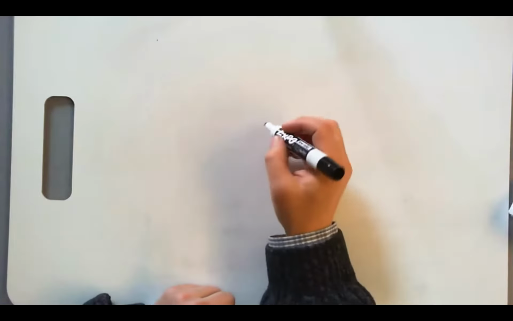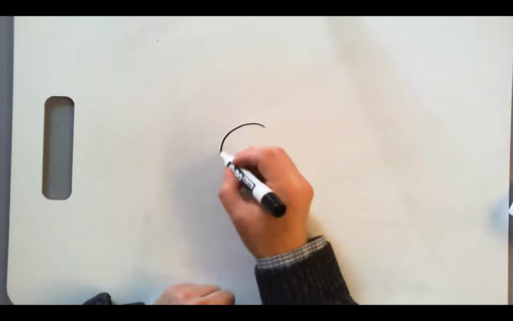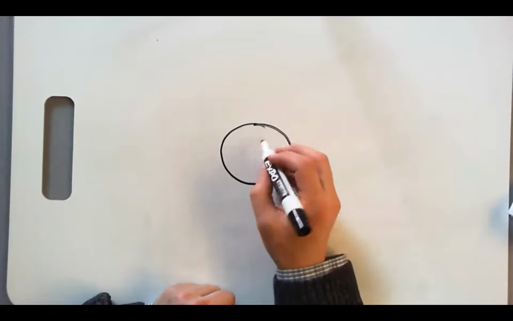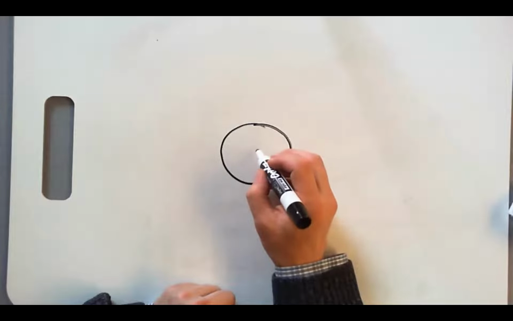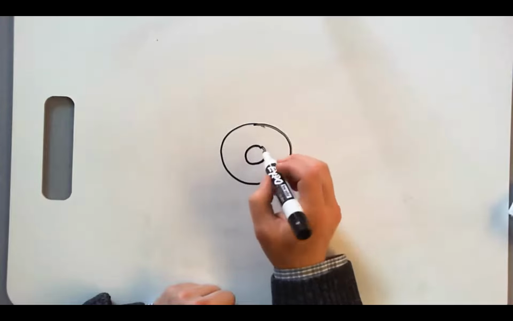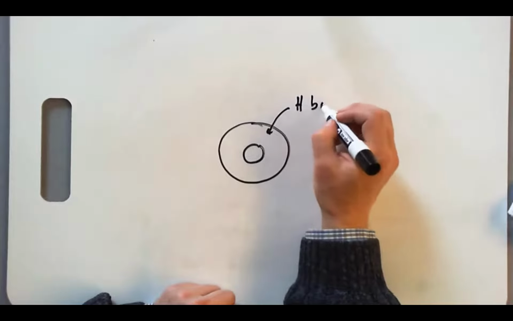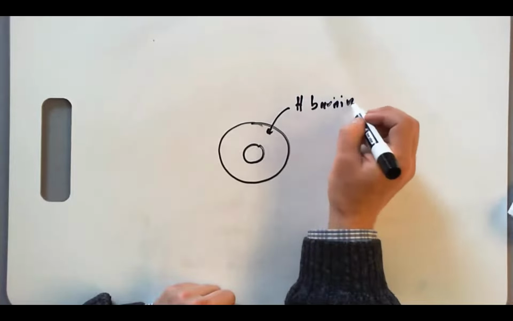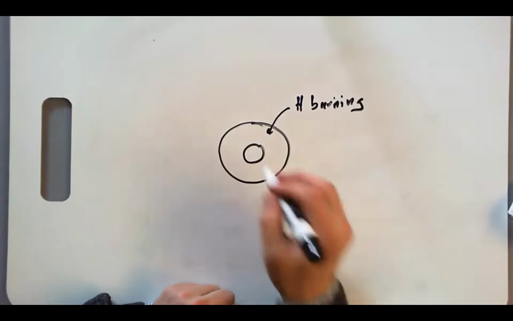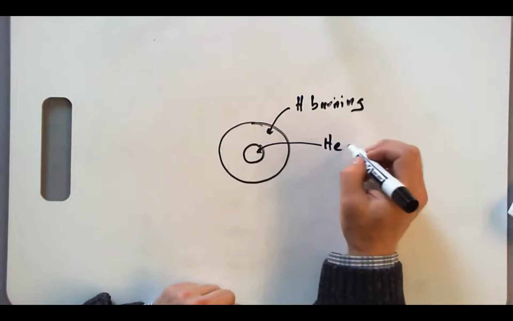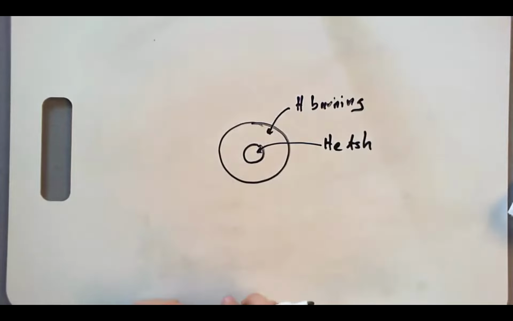We've got the core of our star, although the way we defined core before isn't really valid anymore. Remember, we had a region where we had helium ash, right? So we were burning hydrogen around there. This is immediately before the helium flash. And this region was just helium ash. There was no fusion going on there at all.